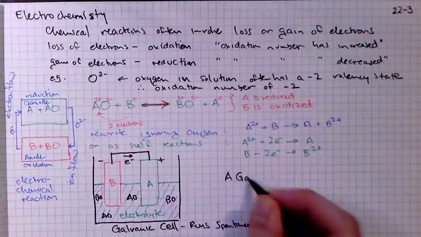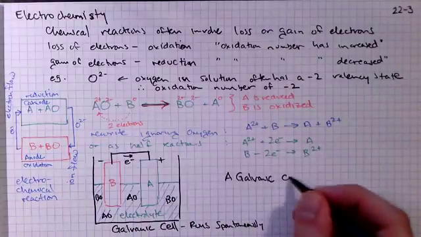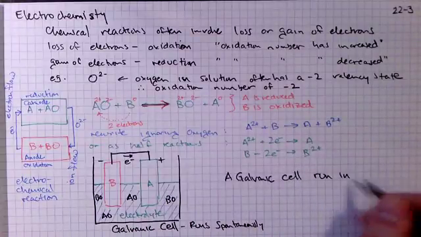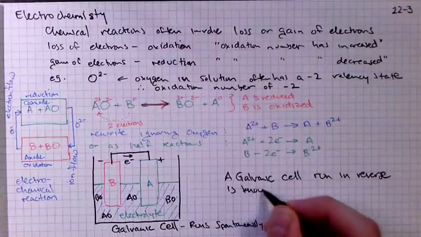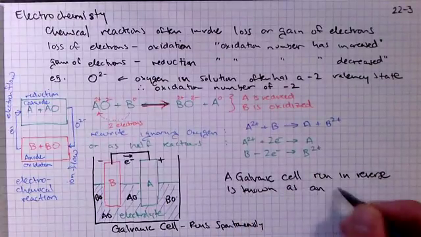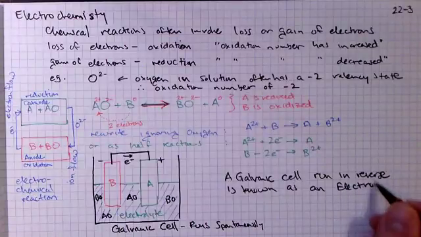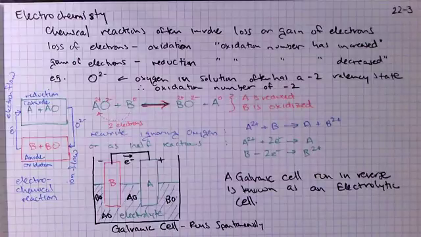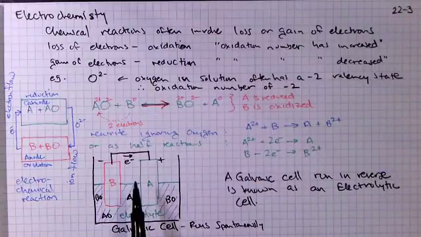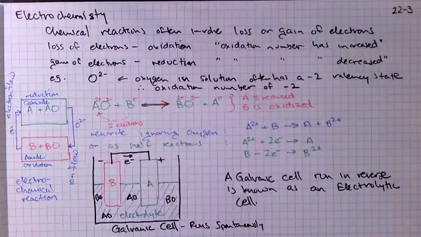So a galvanic cell run in reverse is known as an electrolytic cell. Okay. And we'll talk about examples of both in a moment. And the electron flux through the external circuit is balanced by the ion flux in the electrolyte. So let's also note that.